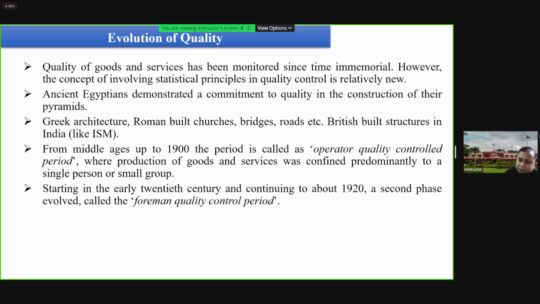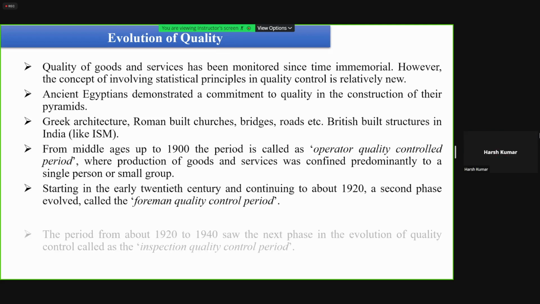Since production started picking up and the number of products increased, that era is where the concept of inspection quality control came in. Since products were now produced on a larger scale with the use of machinery, it was essential to do certain inspections before sending out the products to the customer.